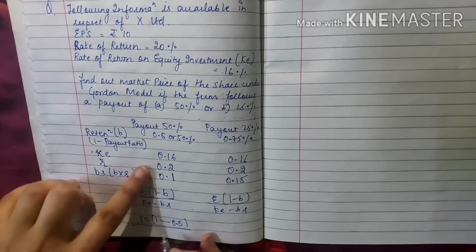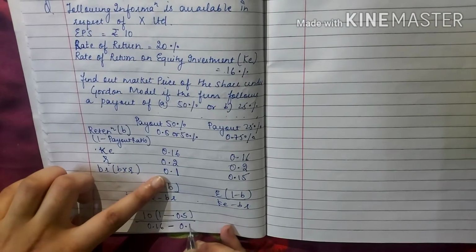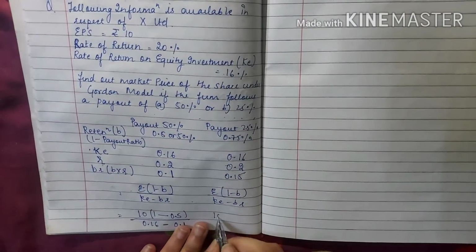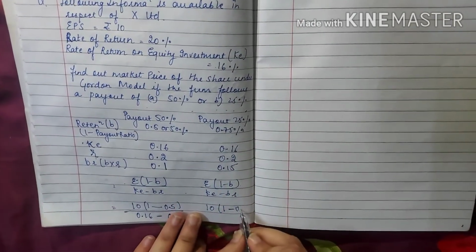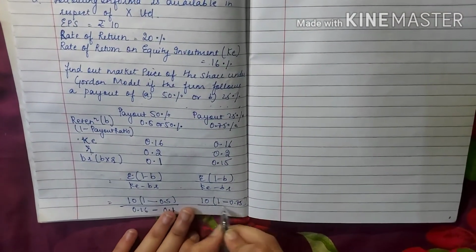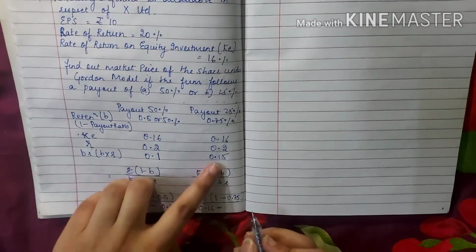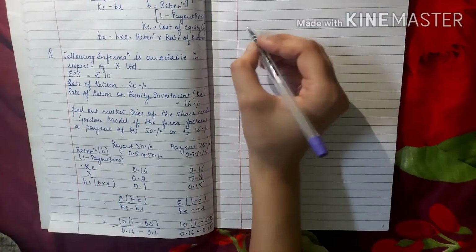KE is 0.16 minus BR, 0.1. In this case earning is 10, 1 minus B retention, that is 0.75, KE 0.16 minus BR 0.15. Now calculate it.